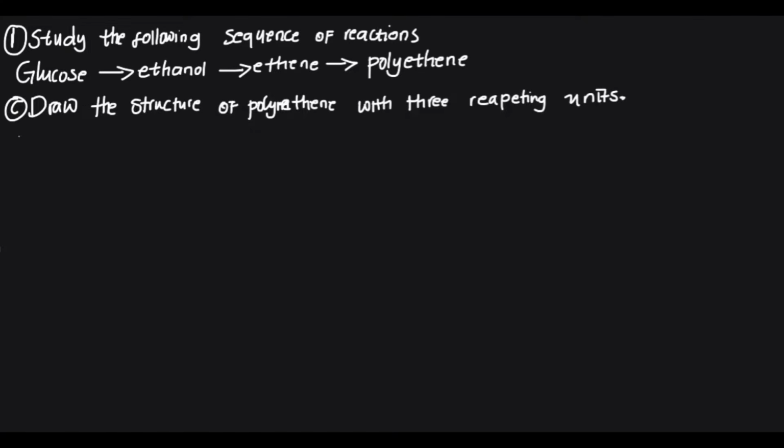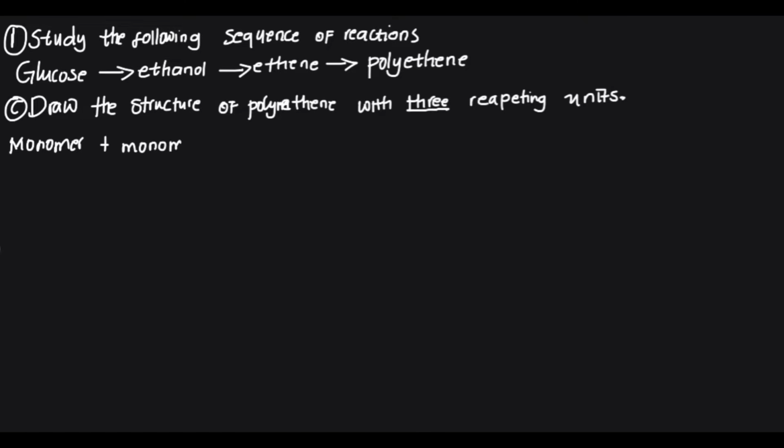Okay, so now we move on to question C. Draw the structure of polyethylene with 3 repeating units. The 3 gives us the number of monomers that we are going to use. To understand this, let's first begin with how these monomers must combine to form polyethylene. We have 3 monomers.